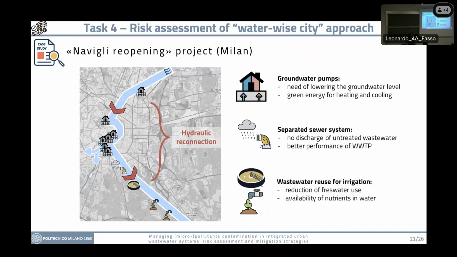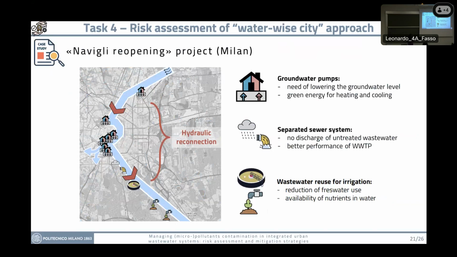So the case study is currently in Milan, and is a project that has been discussed for a long time, that is the reopening of the Navigli, which means the project wants to reconnect the upstream part of the canals with the downstream part of the Vettabbia canal, where there is a wastewater treatment plant that serves a large area and is actually reused for irrigation currently.